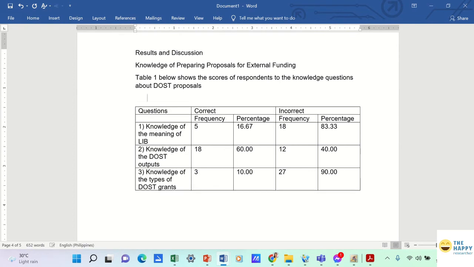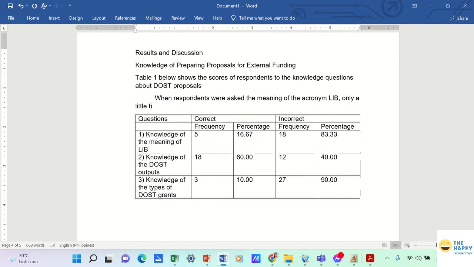As you can see, Table 1 below, and then you also have to put the title of the table, so that this will guide the readers as to which table you are referring to. Mostly the rule is to have the description first, or to introduce the table in text, and then put the table below your introduction.